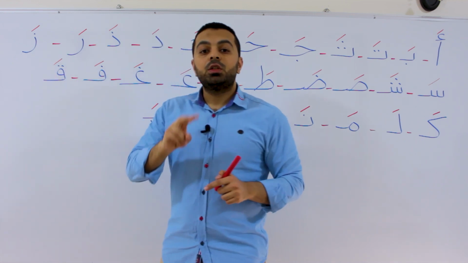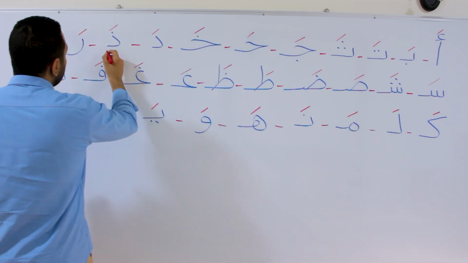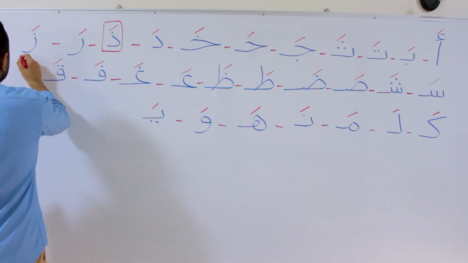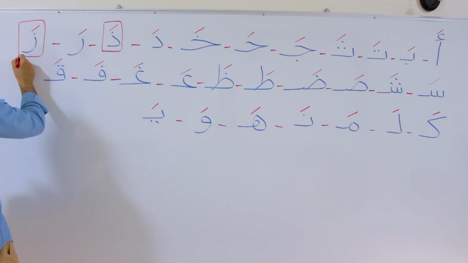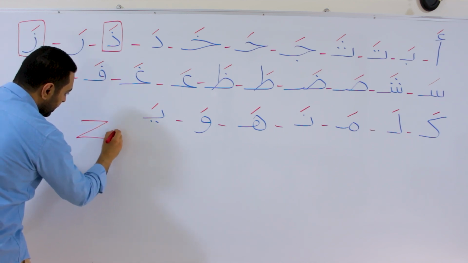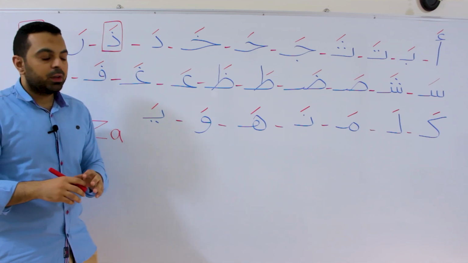So we have two sounds, za: that one and that one. Both of them are the za sound.